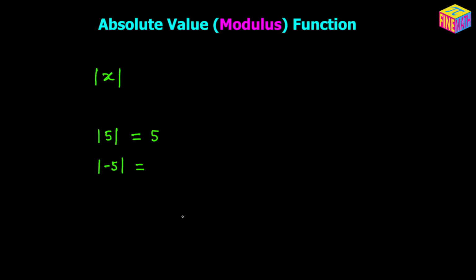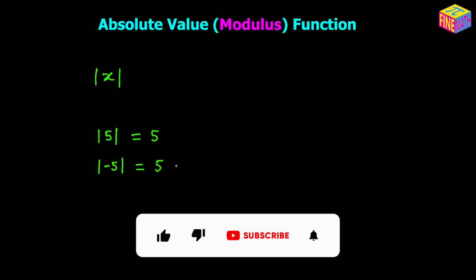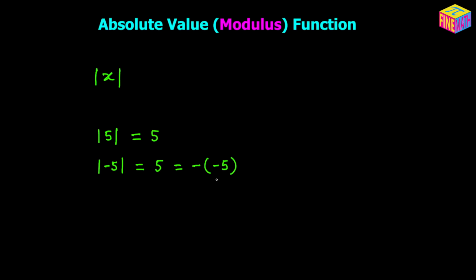Well, because the absolute value function always gives us a non-negative value, this is also going to be positive 5, which can be written as the negative of the original number between the two vertical bars. The original number is actually negative 5, and because it's a negative number we can write it like this. So positive 5 is actually equal to negative of negative 5.